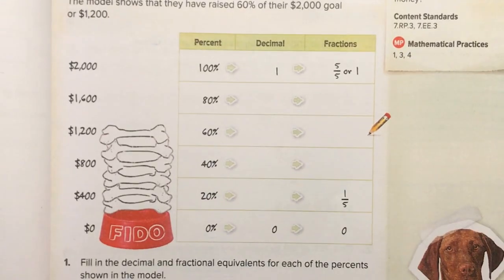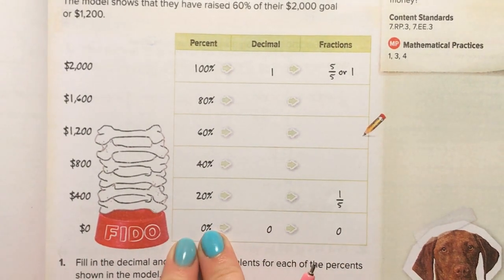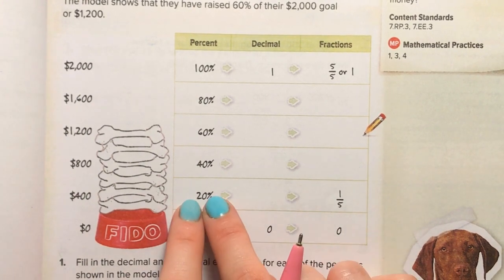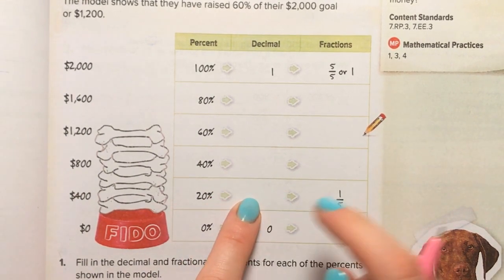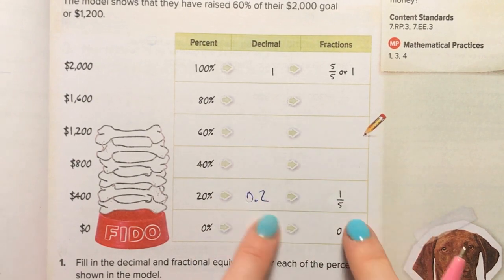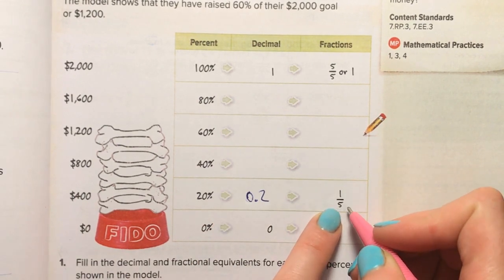Okay, so let's look at this model. At 0%, they've got 0% money, 0 as a decimal, and 0 as a fraction. At 20% of their goal, they got 0.2 as a decimal and 1 out of 5 as a fraction.